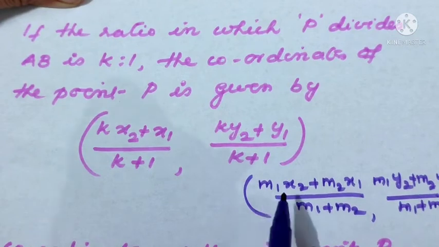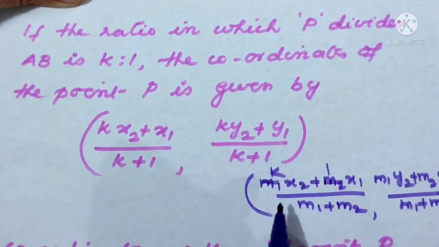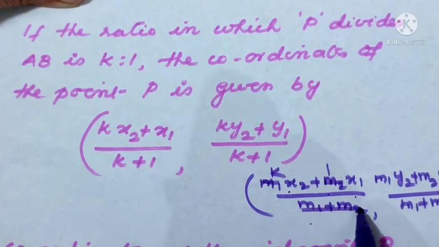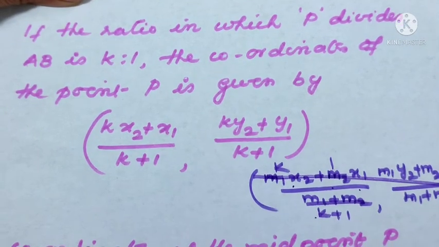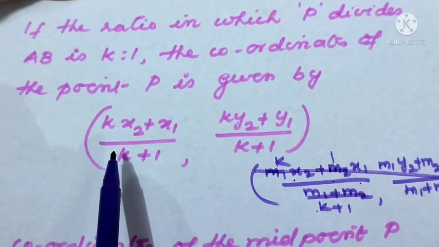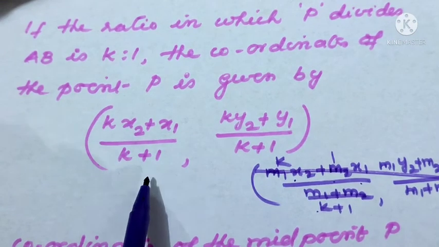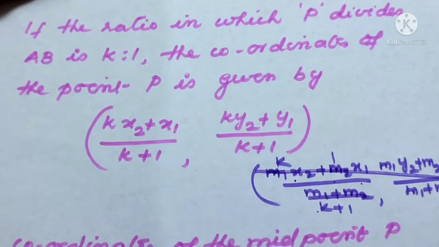Now, instead of m1 it is k, instead of m2 it is 1. So, (kx2 + 1x1)/(k + 1). This is the change. So, if you understood x value, y is the same only. So, remember this formula, you have to learn by heart. (kx2 + x1)/(k + 1), (ky2 + y1)/(k + 1).